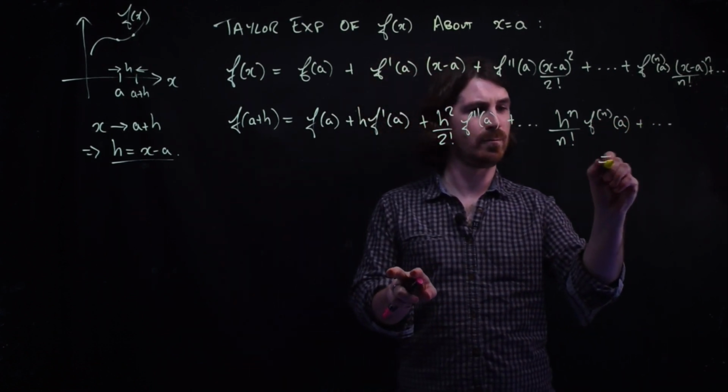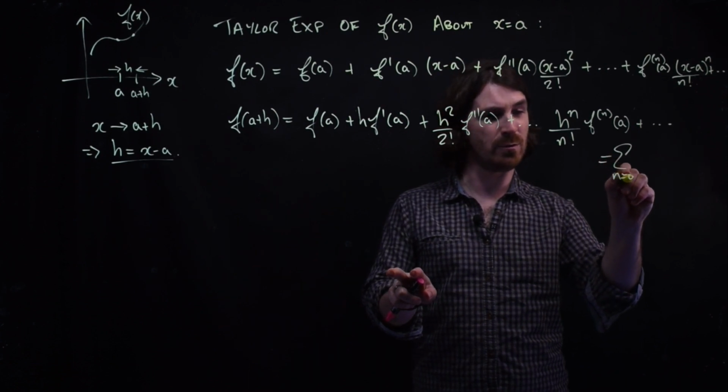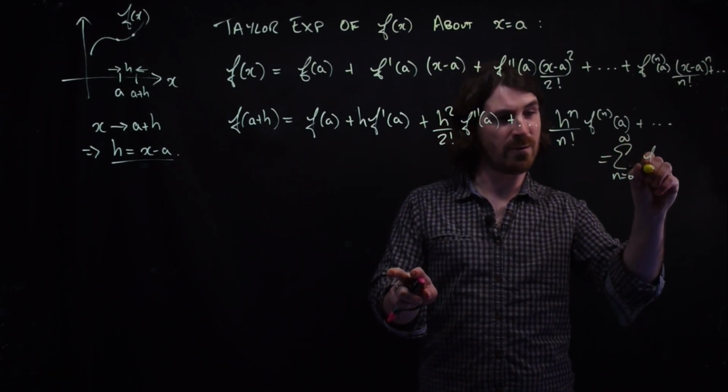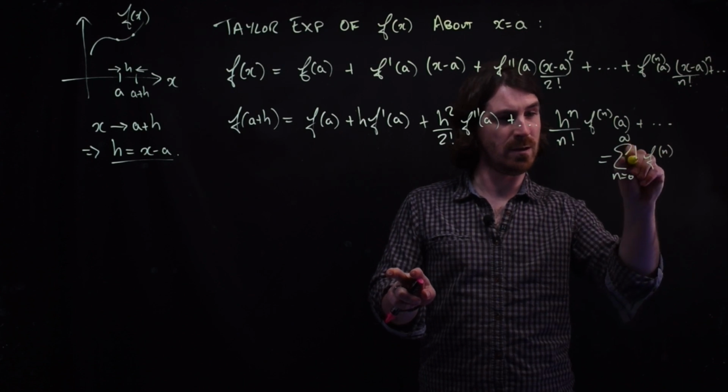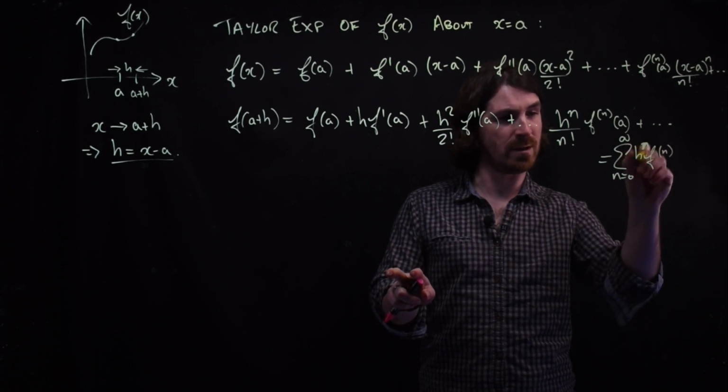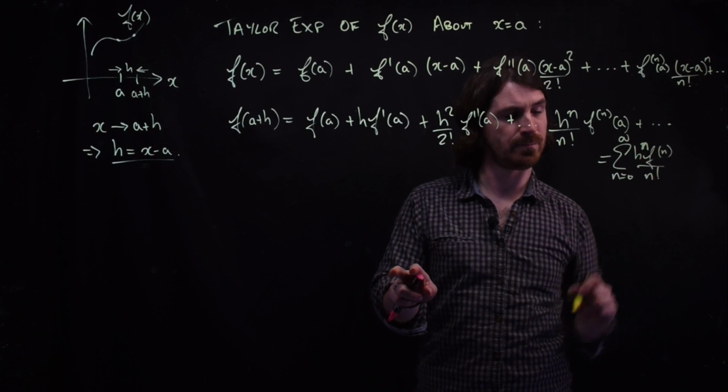Which is the sum from n equals 0 to infinity of the nth derivative of f, times h to the n over n factorial.